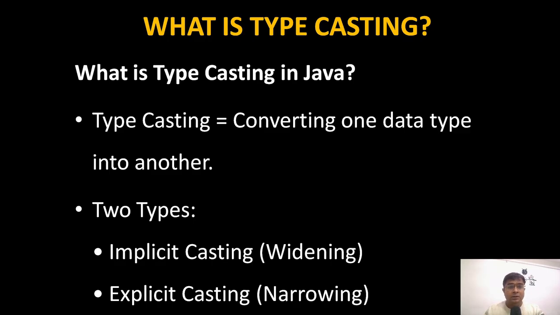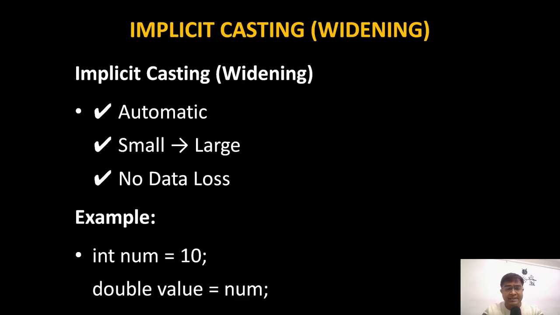Let's talk about implicit typecasting. Implicit typecasting is called widening. It happens automatically when you convert a smaller data type into a larger data type, like if you convert int to double, or byte to int.